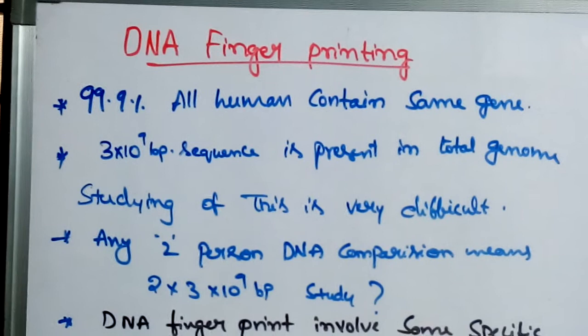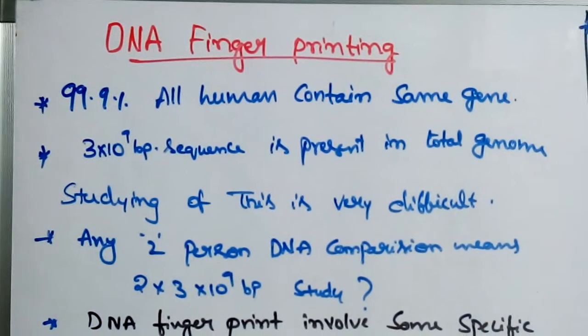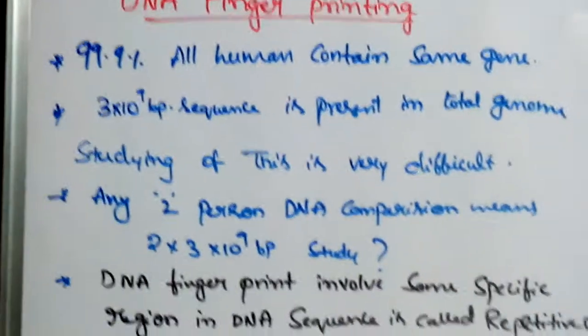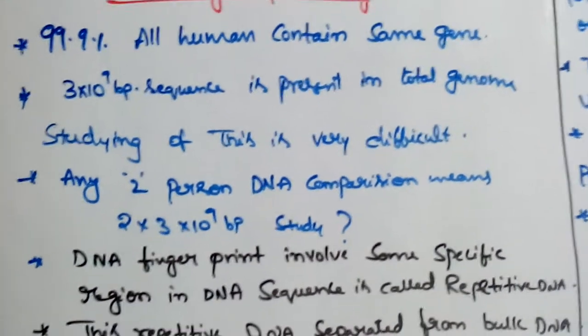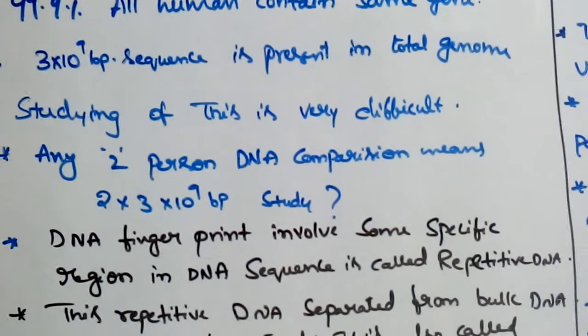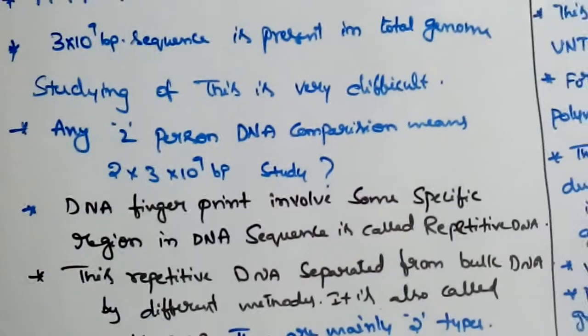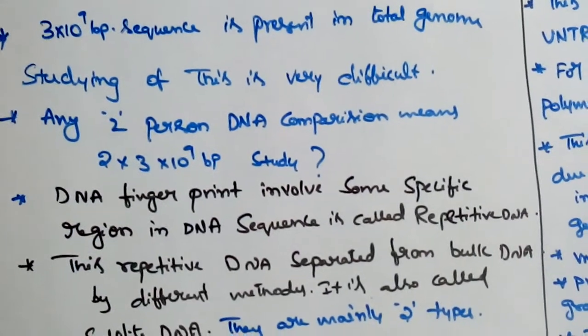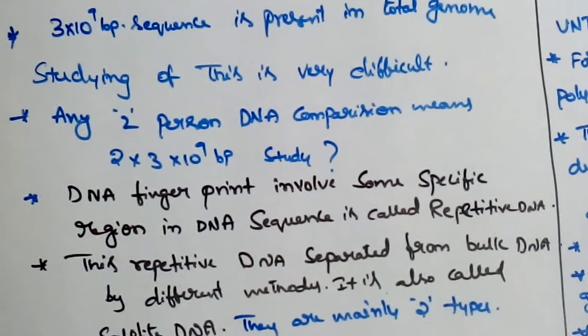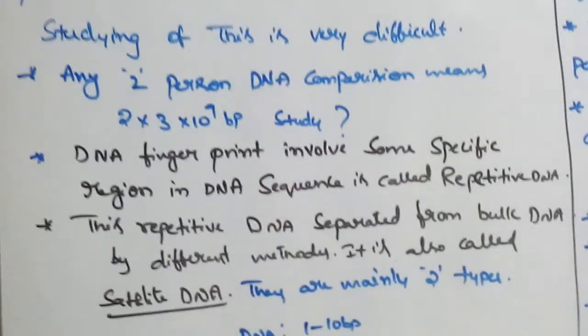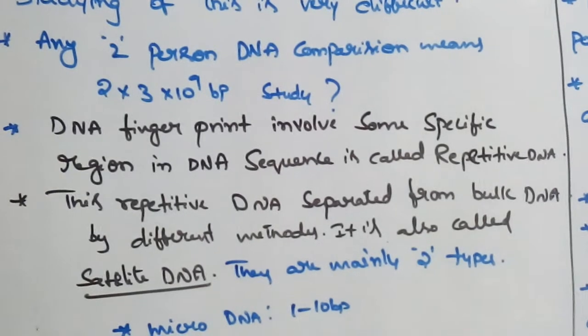That means studying two persons' DNA is very difficult. In such cases, they take the DNA fingerprint. The part they mainly consider is repetitive DNA, where base pairs are repeated continuously. Repetitive DNA is also called satellite DNA.